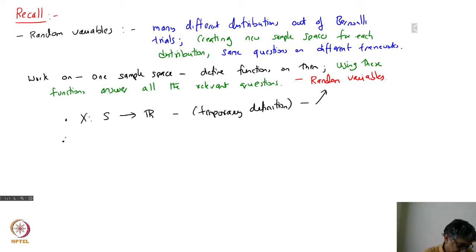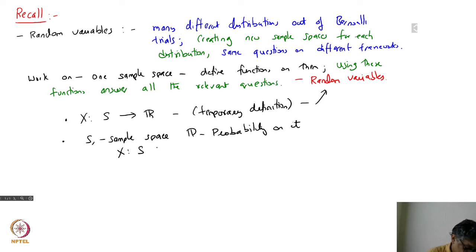Then we showed another interesting fact: if S is a sample space, P is a probability on it, and X is a random variable from S to the real line, we showed the following.